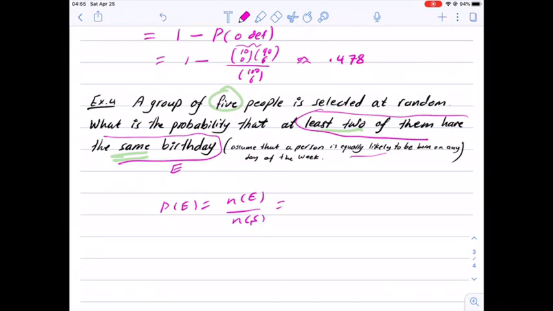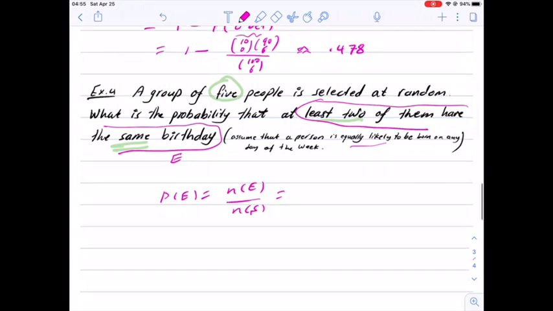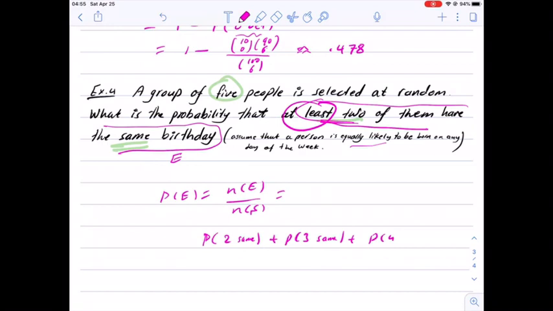Now here, the number of outcomes of E: we are saying that at least 2 of them have the same birthday. Since we have at least, that means we start from 2. So 2 have the same, or 3 have the same, or 4 have the same birthday, or 5 have the same birthday.